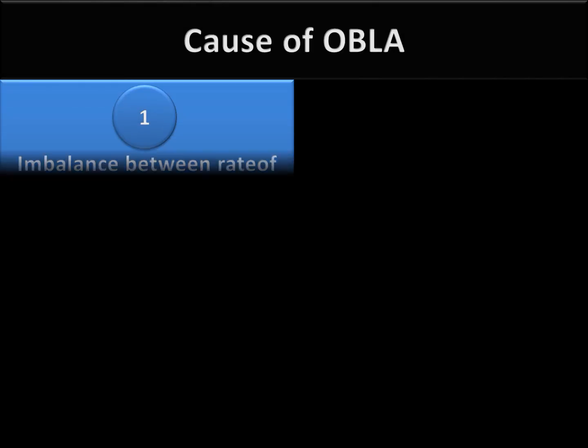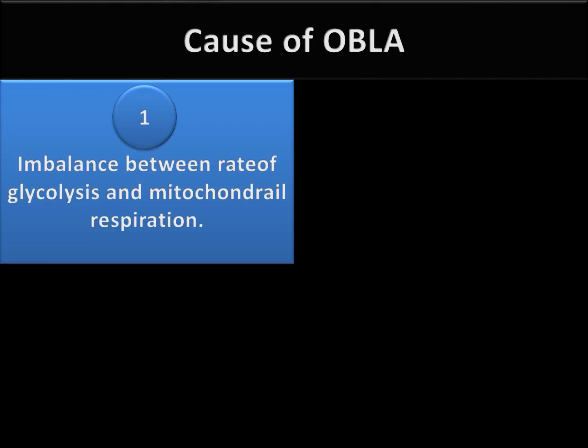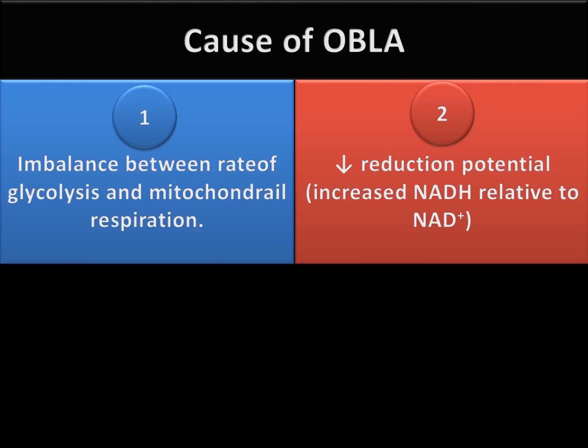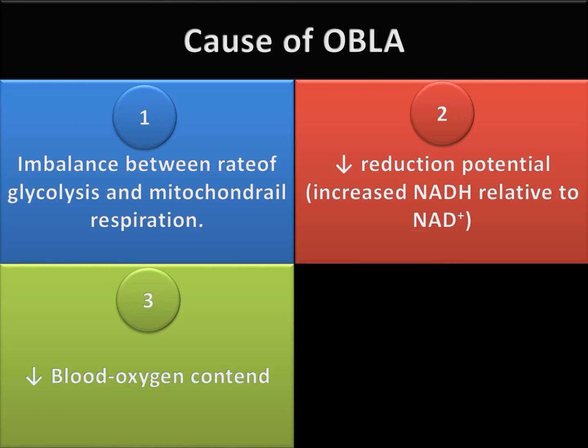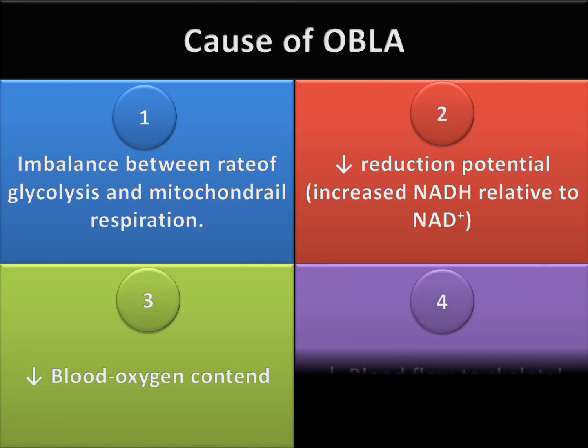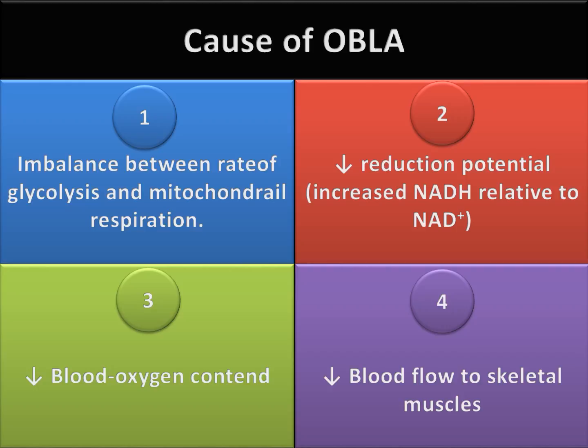OBLA is caused by the following: imbalance between the rate of glycolysis and mitochondrial respiration, reduced redox potential, increased NADH relative to NAD, decreased blood oxygen content, and decreased blood flow to skeletal muscles.